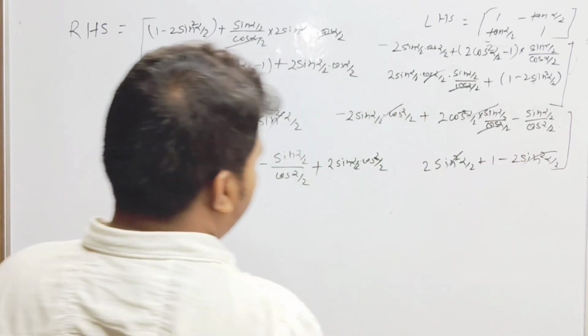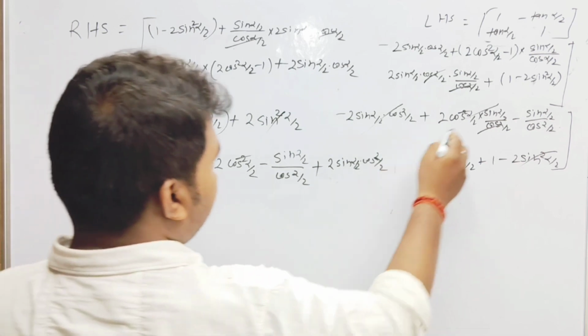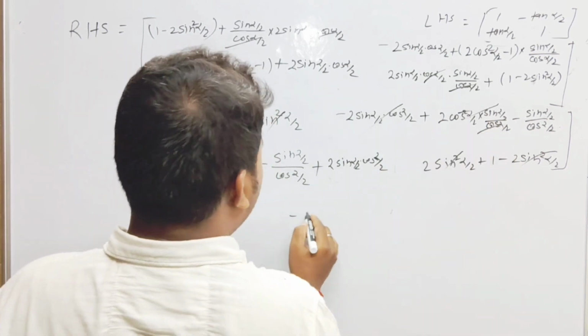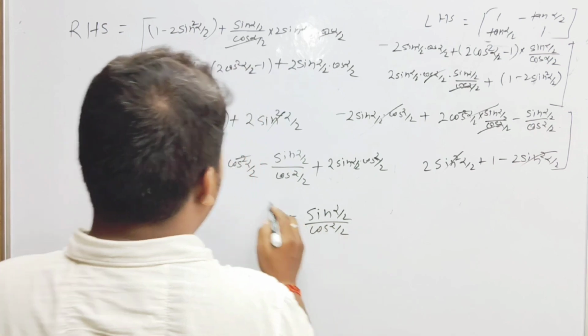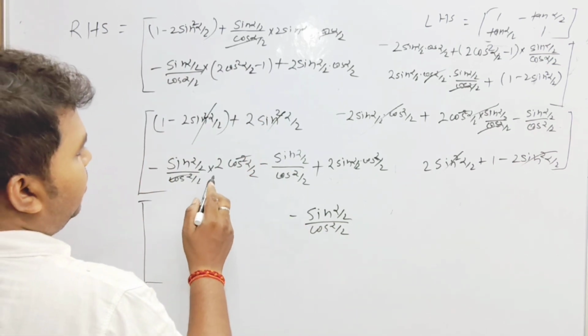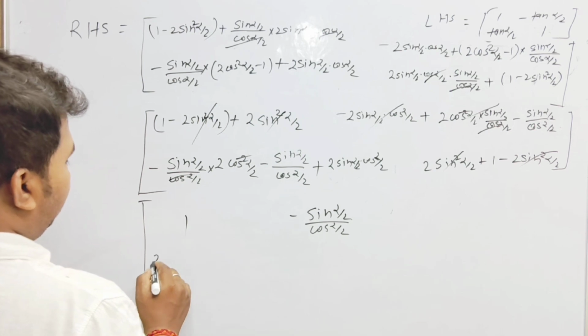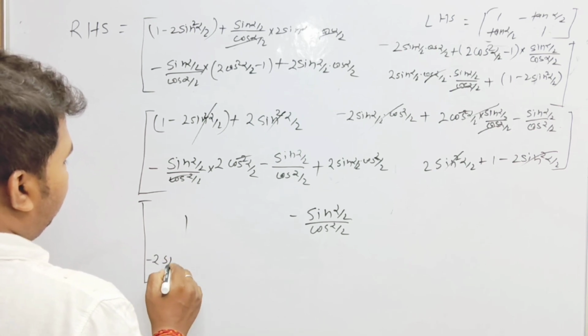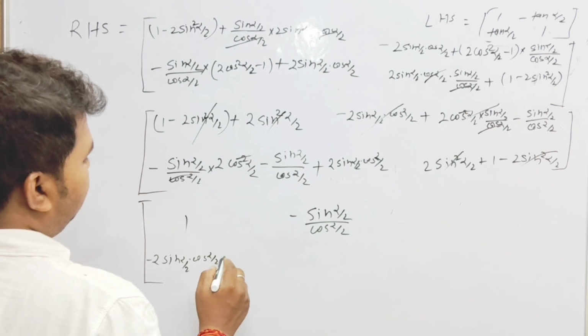Okay, then we have 1 and this place minus sin alpha by 2 by cos alpha by 2, and this one minus 2 sin alpha by 2 into cos alpha by 2.